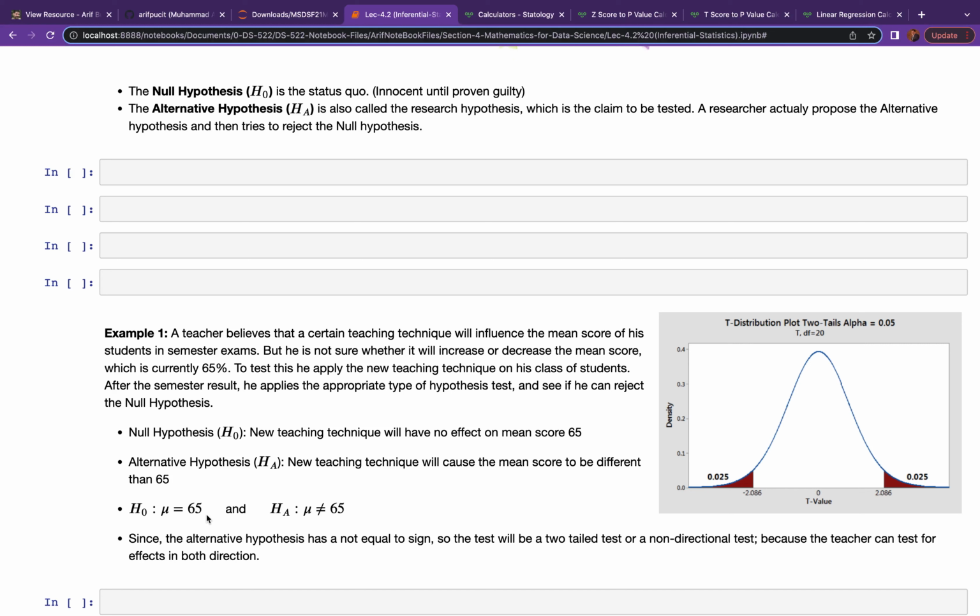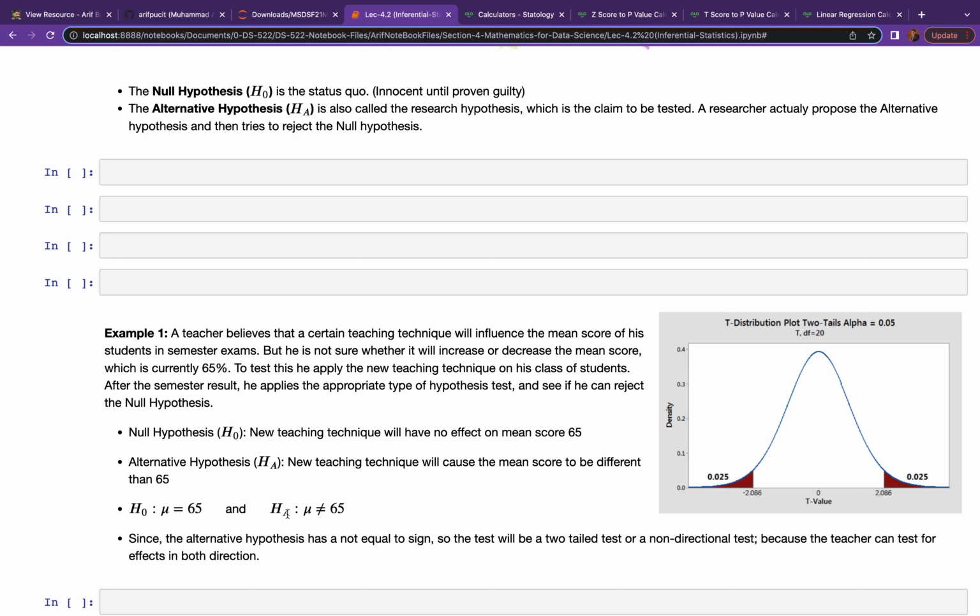So the null hypothesis or the status quo says that after applying the new teaching technique, the mean score stays the same, that is 65%. The alternative hypothesis, the research hypothesis, says that the mean will change. It will either go up or down from this current mean.